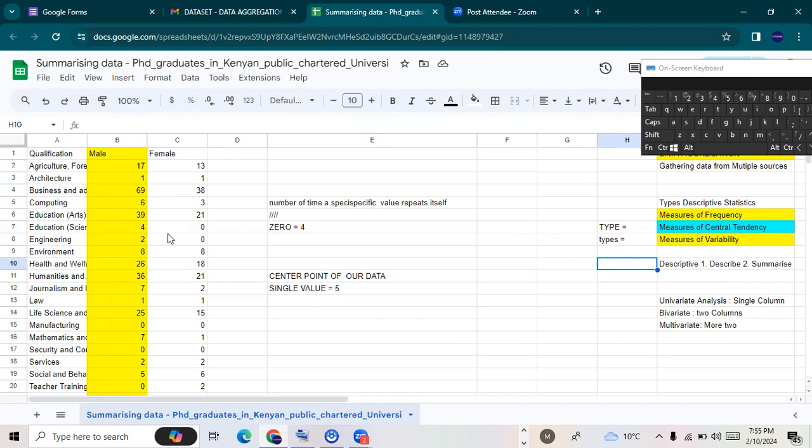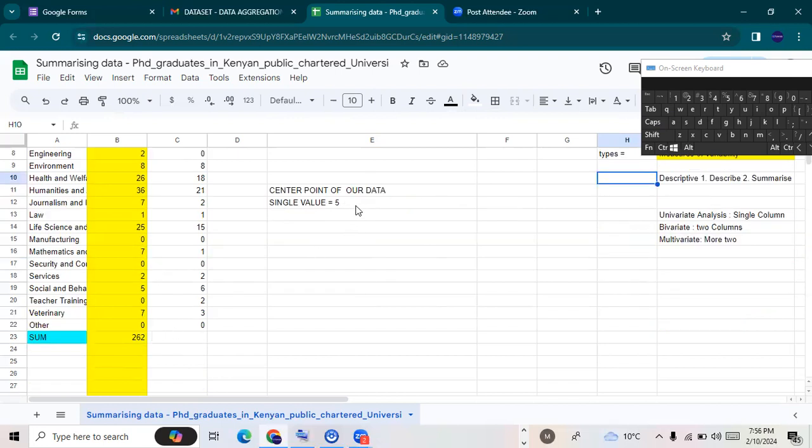Also, to interpret our data with statistical inferences, we look at our central tendency. We are only looking at the center of our data, what is happening at the center.